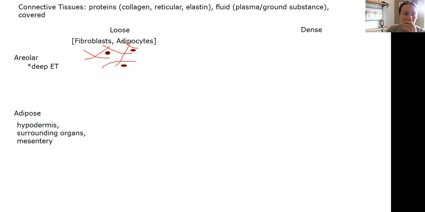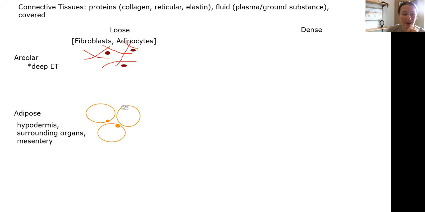So how exactly does fat look? How is it different? First of all, adipose is pretty darn hard to see because fat, these lipids, are pretty white. It's really difficult to actually see. Just like with the areolar connective tissue and any connective tissues, most of the tissue is actually made up of protein fibers as opposed to cells like the epithelial tissue.